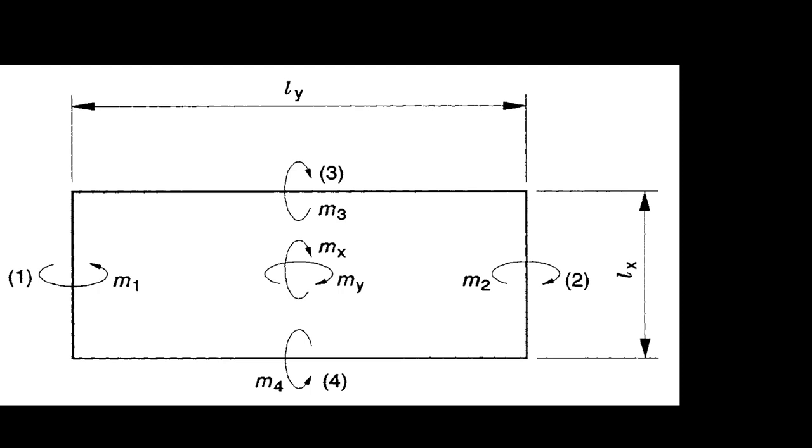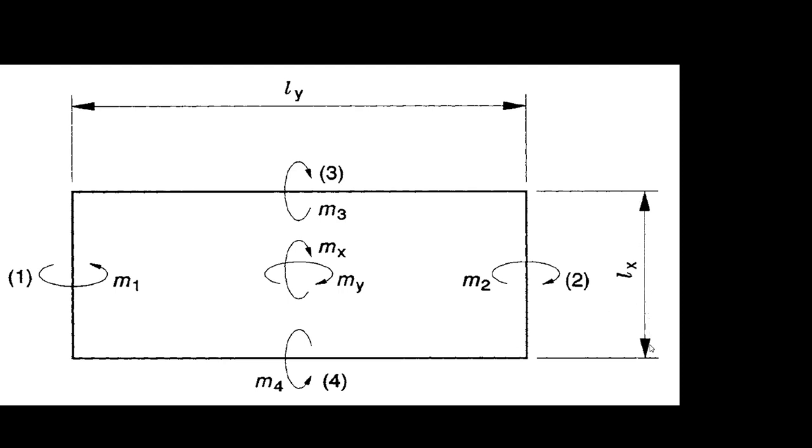But this can also be used to explain a one-way slab as well, even though the difference between them is clear. But in terms of detailing, there is not much difference between a one-way slab and a two-way slab in practice. So this diagram, we'll be using it to explain one-way slab and two-way slab detailing.